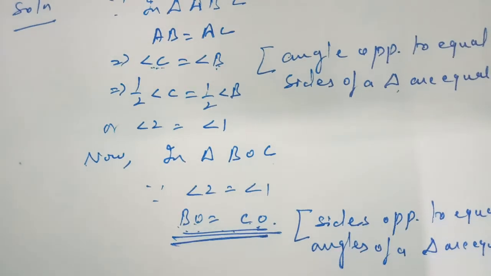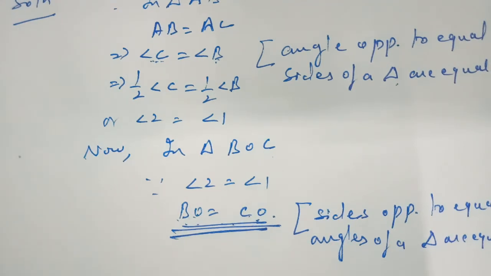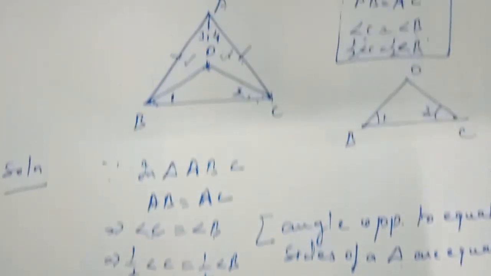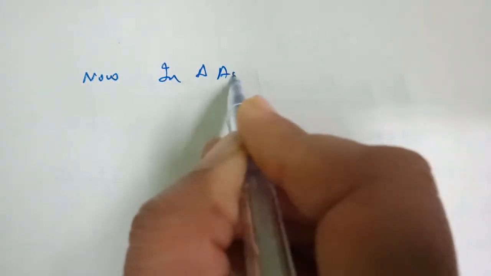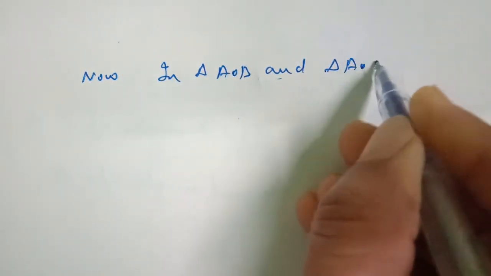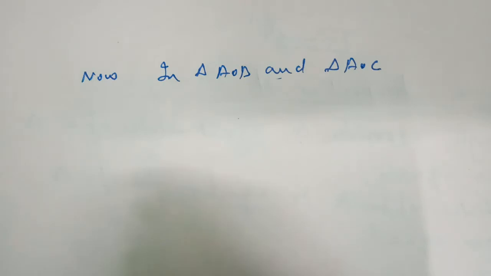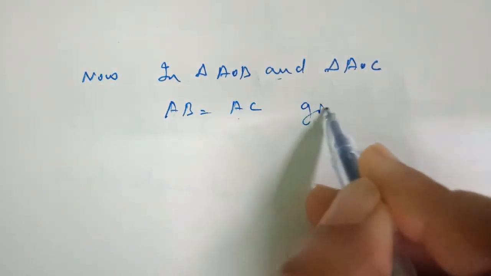Now for the second part, we have to take the two triangles. So now we are taking the triangles AOB and AOC. Now in triangle AOB and triangle AOC, we have AB equal to AC. It is given.